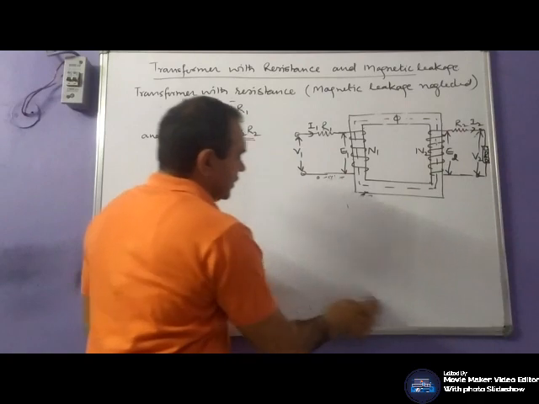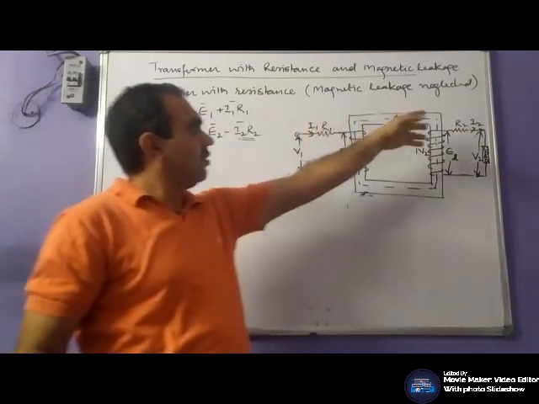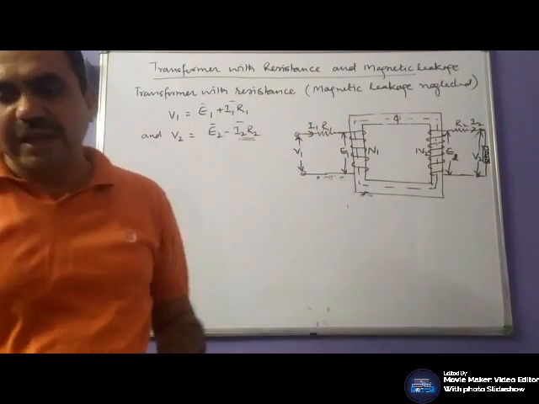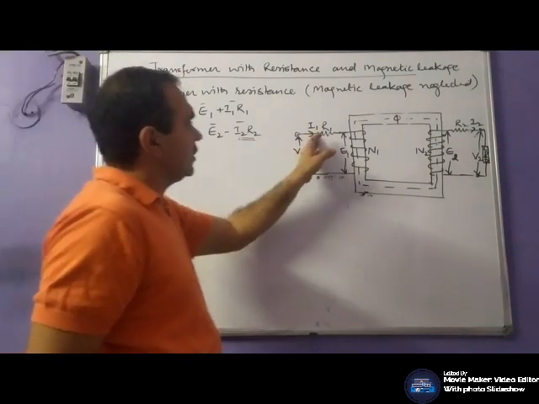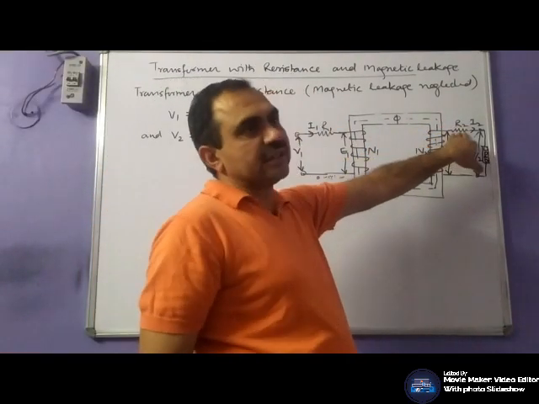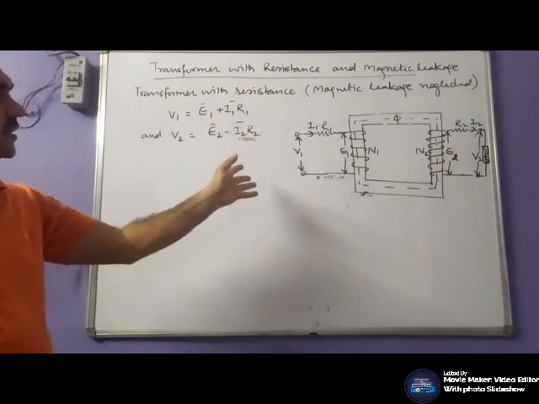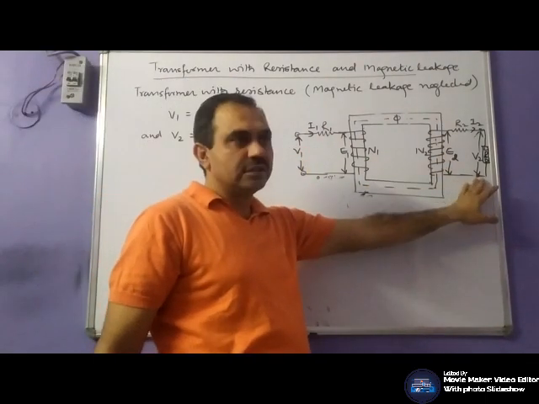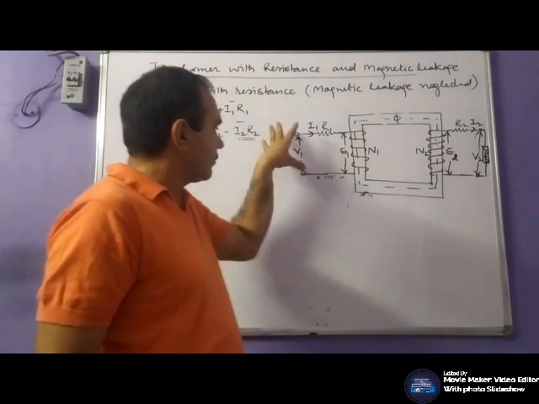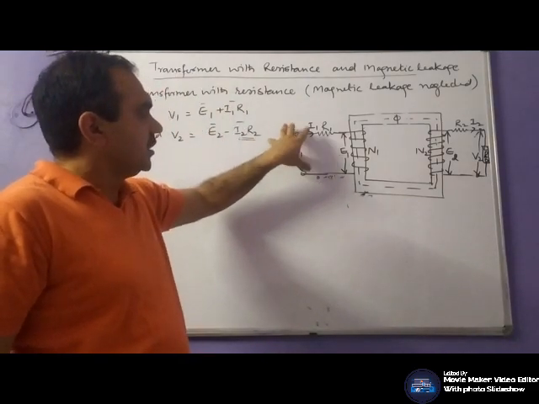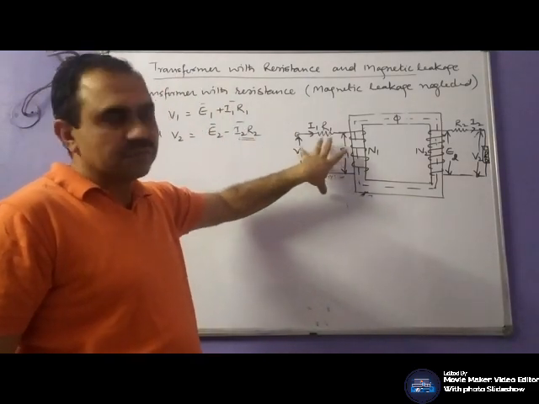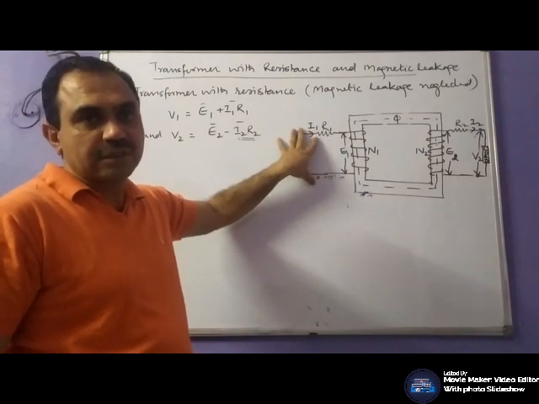Now we have considered these resistances on both the sides. Primary side resistance is R1, secondary side resistance is R2. These resistances may be transferred on either side. For example, we have connected the apparatus on this side, so we require the resistance of this side for our calculation purpose.